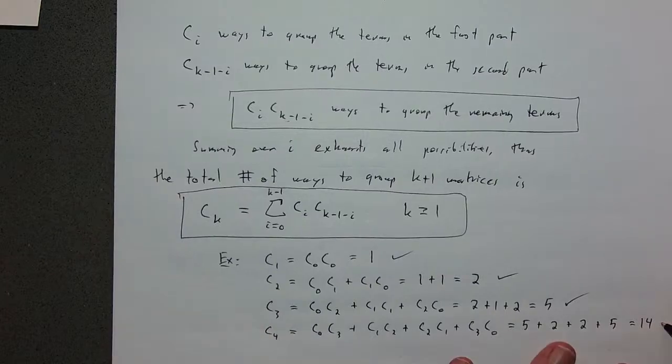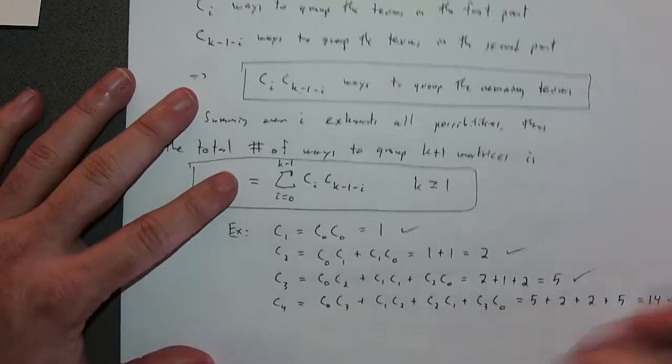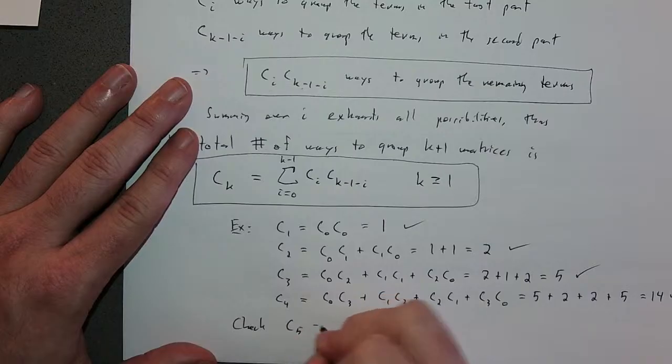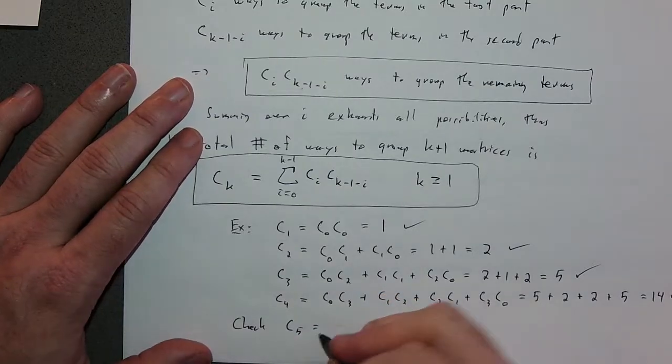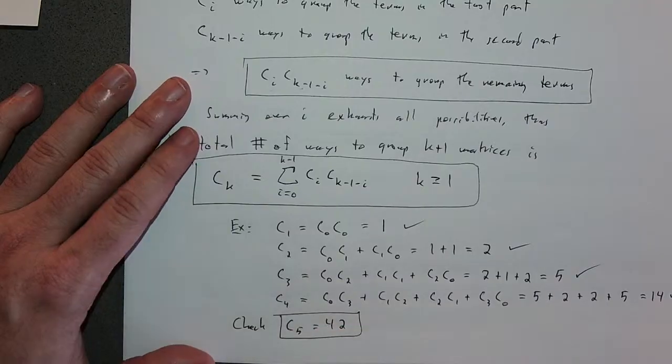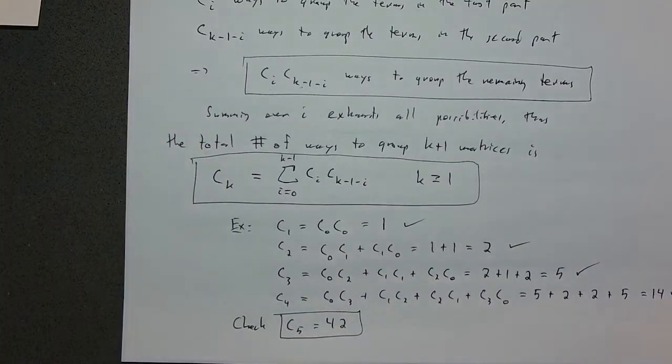Check that C sub 5 is equal to 42 using this same recurrence. Okay.